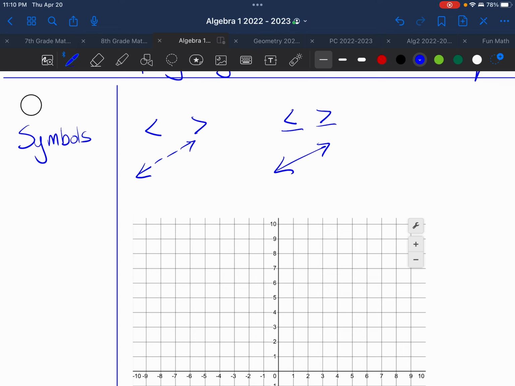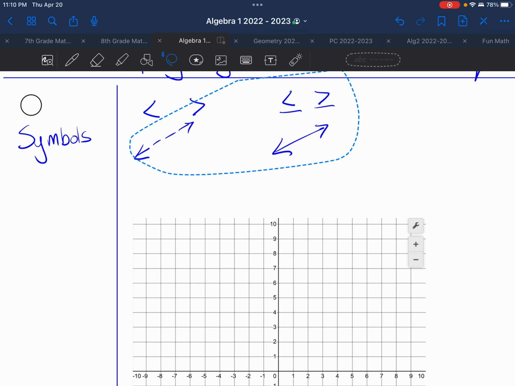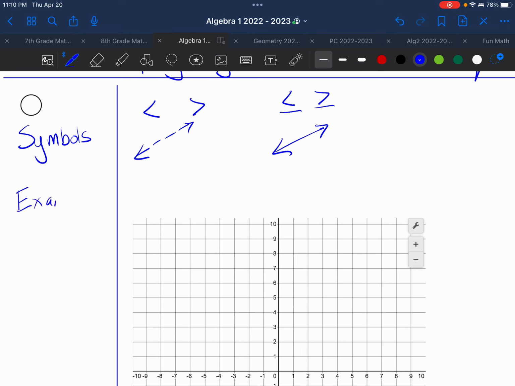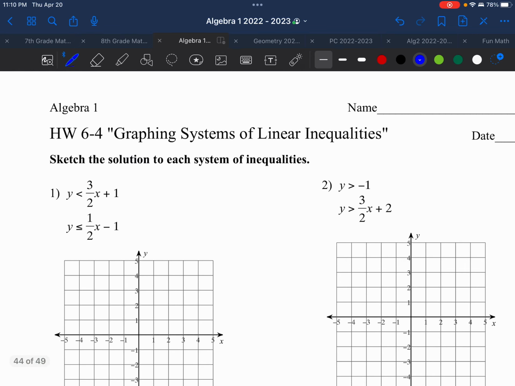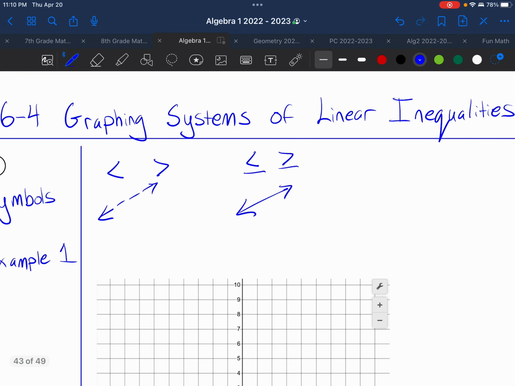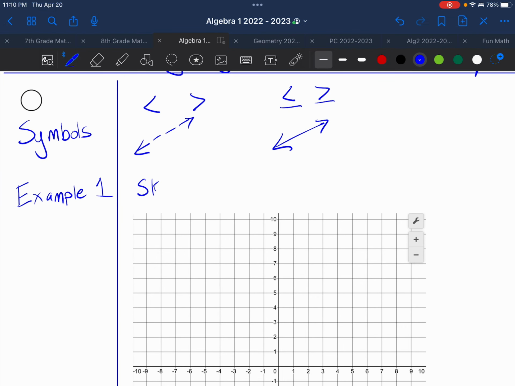So let's give you an example. Example 1. What do the instructions say over here? They just say sketch. So I'll say sketch the following.